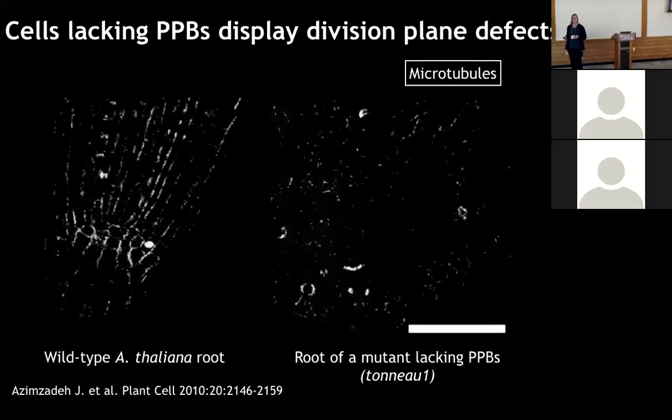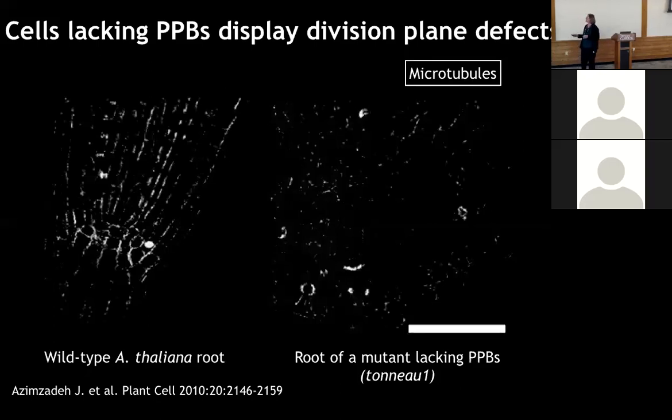We know that the pre-prophase band is critical because mutants exist where the cells never make a pre-prophase band. And I'm not going to belabor this point because it's pretty hard to see in this. Okay, what you can barely see is that the patterning of the root is totally altered.